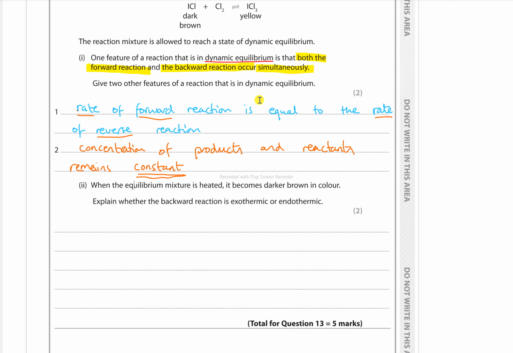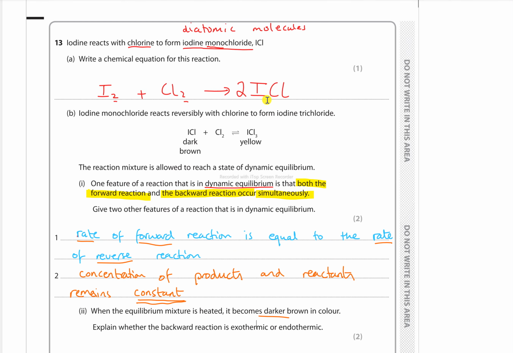When the equilibrium mixture is heated, it becomes darker. So okay, darker. So when it's heated, it goes that way. So this is an exothermic reaction, because when you heat it, the system wants to go to the cold side. Exothermic, the right hand side is always hot.